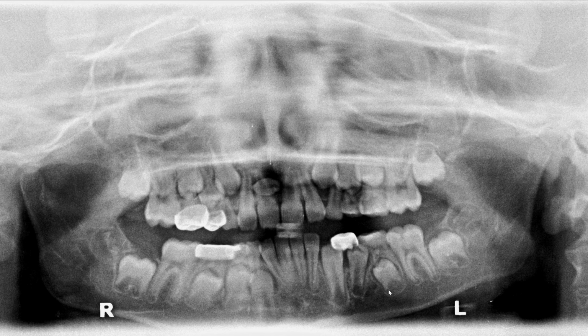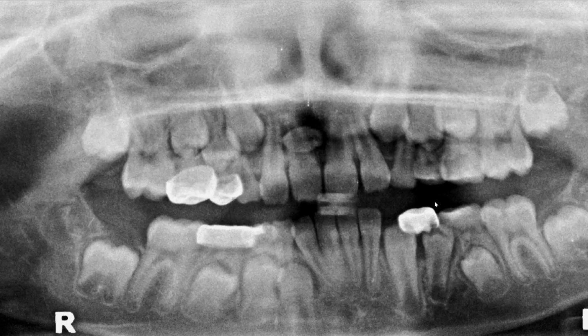I do want to draw your attention to the anterior maxilla, so let me zoom in just a little bit. So here, I want you to spend a moment and look over the anterior maxilla and see if there's anything that looks unusual to you. So hopefully most of you are reviewing the root anatomy here.